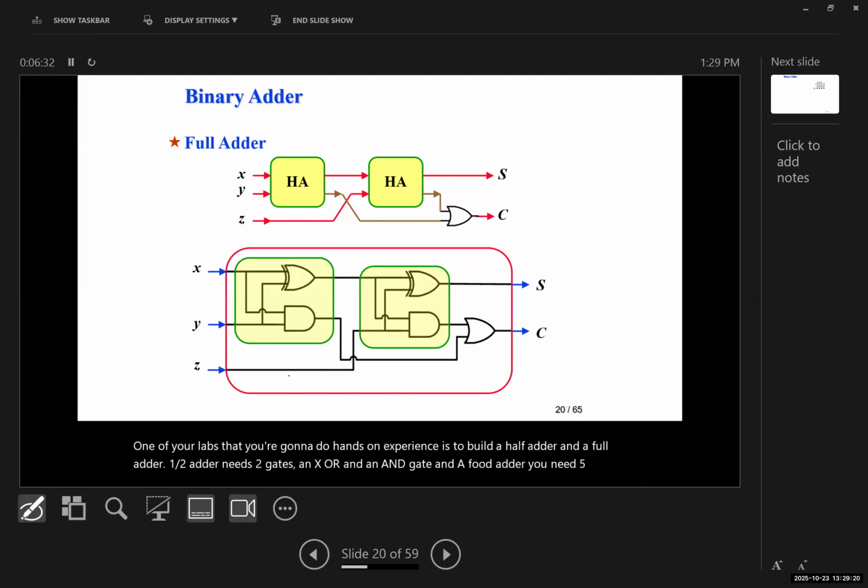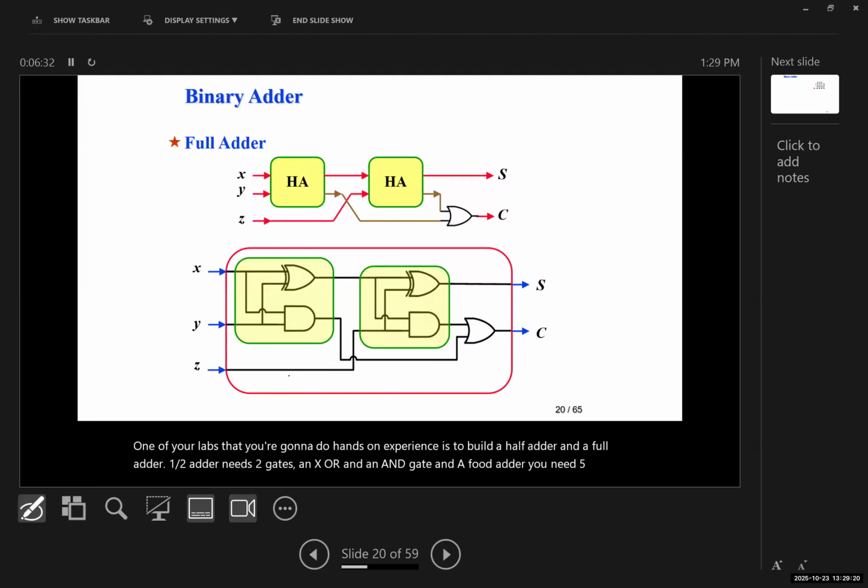And the good thing about the full adder, as you remember, is that it has 3 inputs and 2 outputs. The third input could actually be used to add the carry from the previous stage. So the way that we connect them is we connect the third input of each full adder to the carry of the previous adder. On the top right, you can see how we do that.